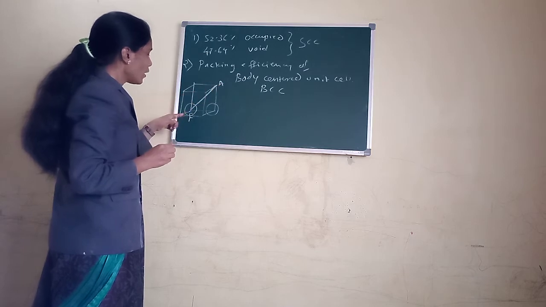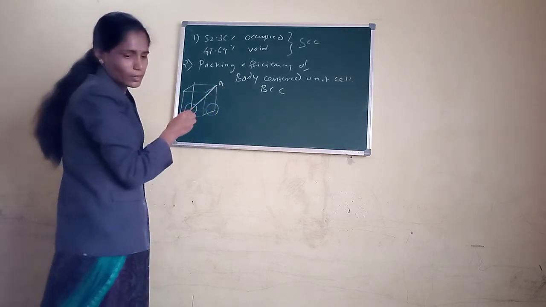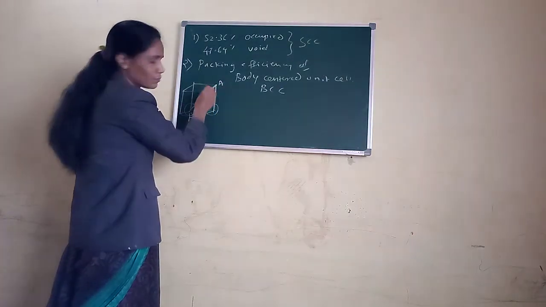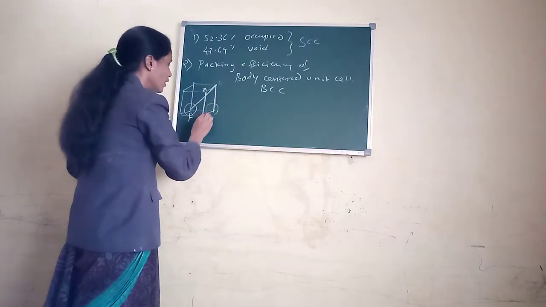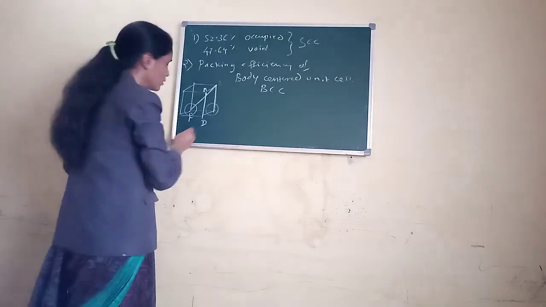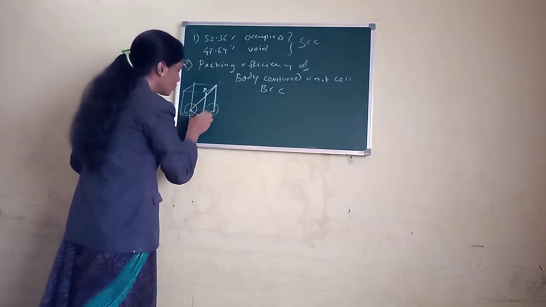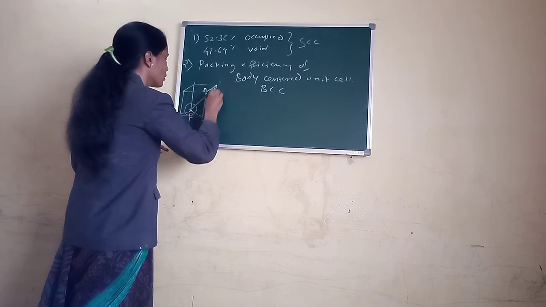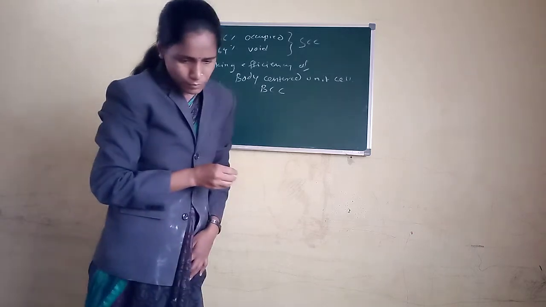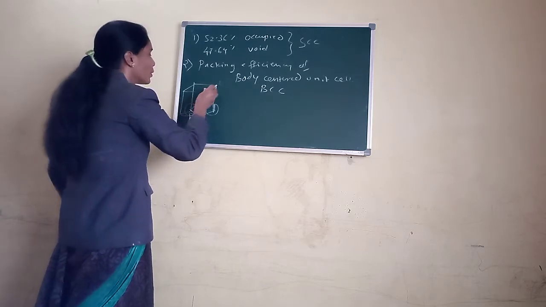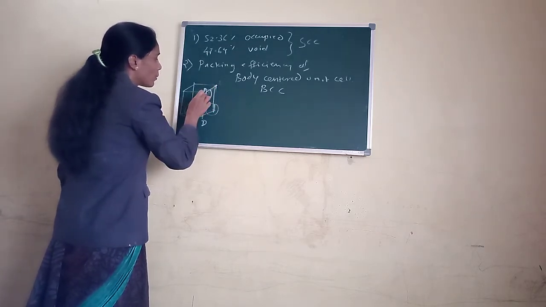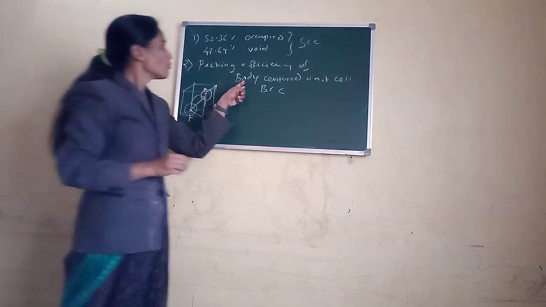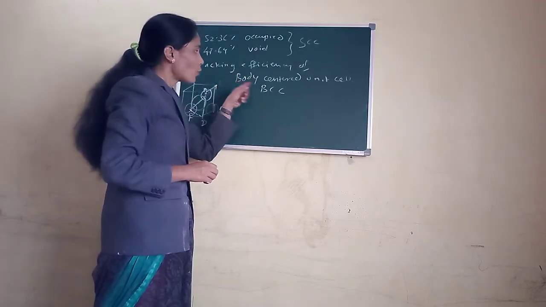We draw the line AF and again A to D. Here AD and FD, because here one particle is at the A point and one particle at the body center, because we calculate the packing efficiency in body centered unit cell.